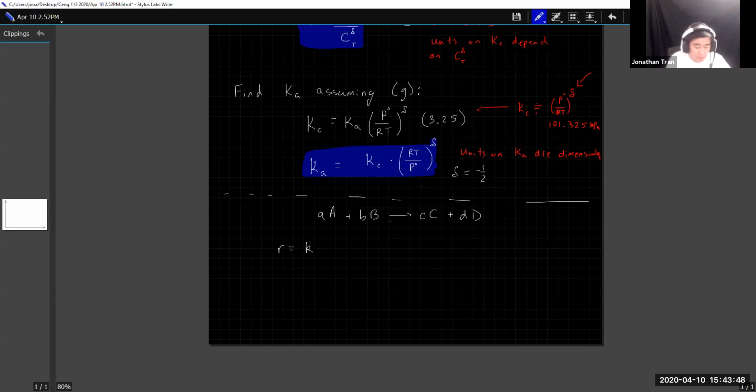So if you were to write it with partial pressures, there's an equivalent expression to derive the reversible reaction using partial pressures as well.